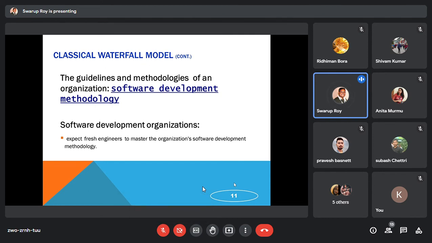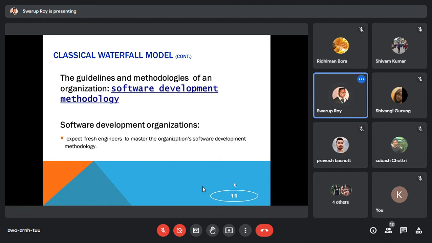And that is why the fresh engineer should know the organization's style of working, what the SDLC is that a particular company is following while developing software. For that they normally give a certain level of training to the fresh engineer, through a series of programs.